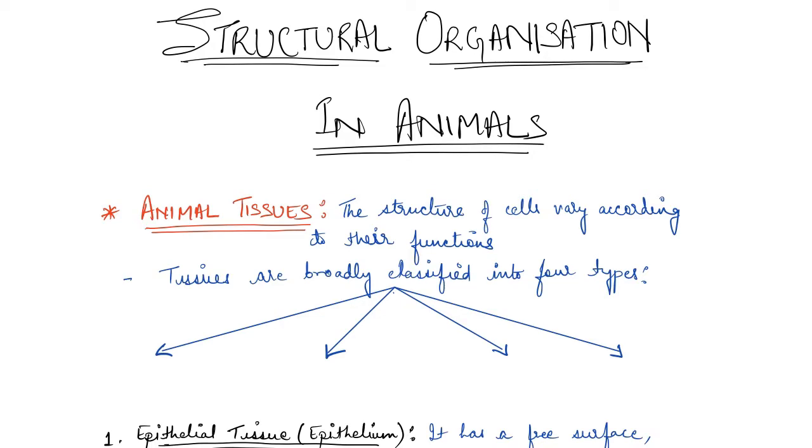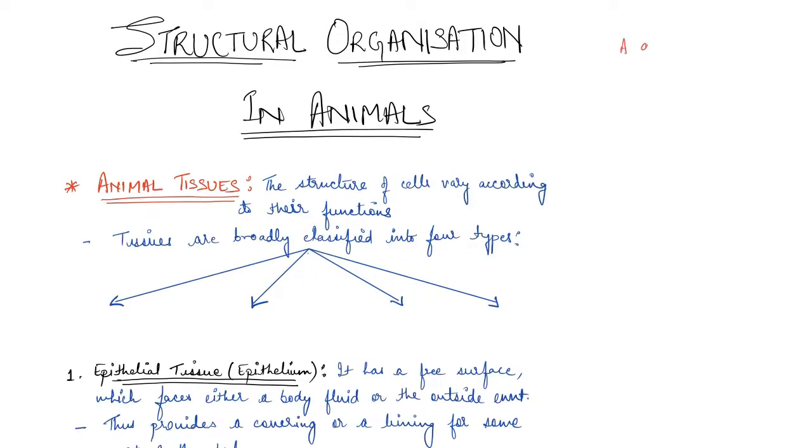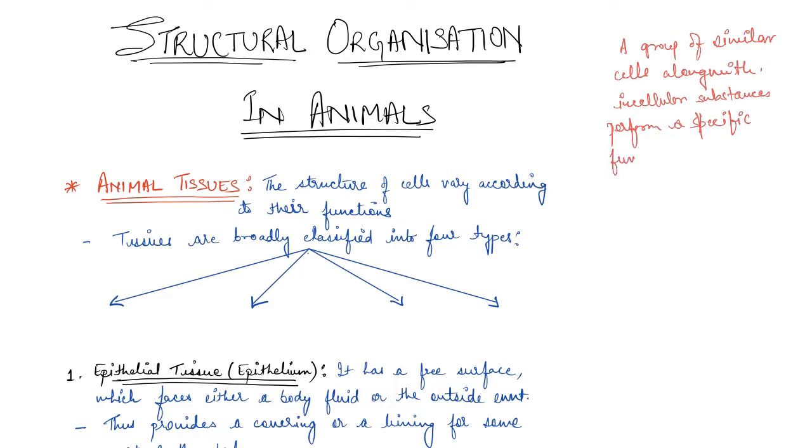In multicellular animals, a group of similar cells along with intercellular substances performs a specific function, and this organization is known as a tissue.